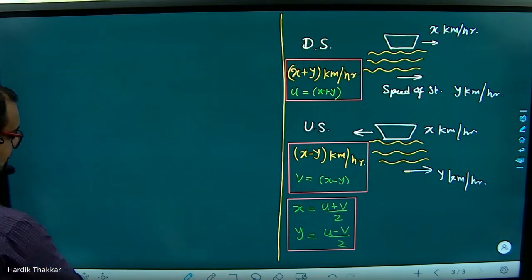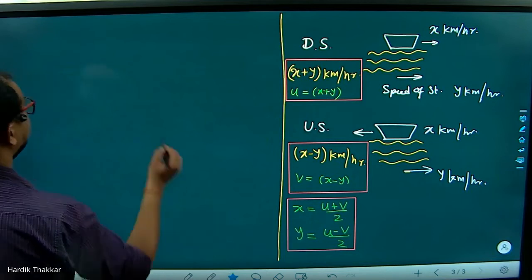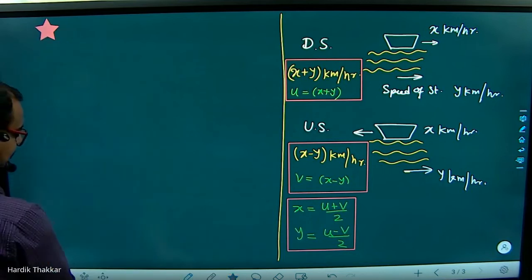Okay, next point. Just note down the next point.